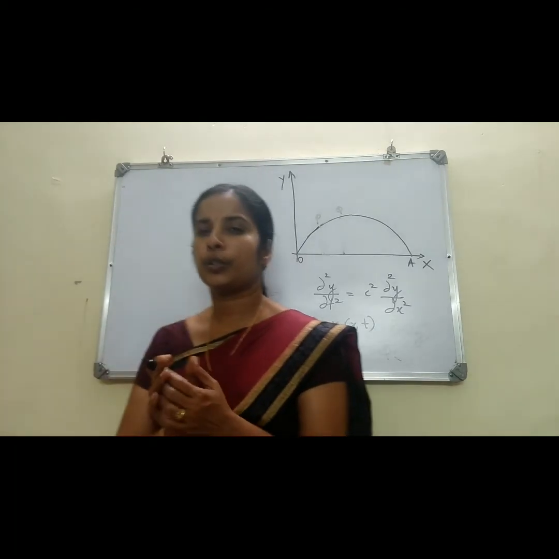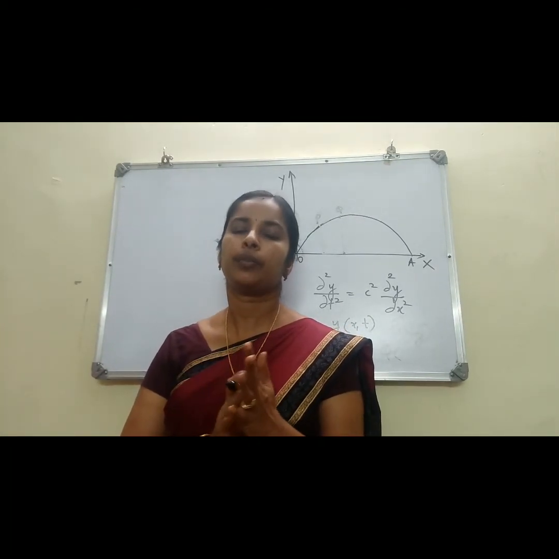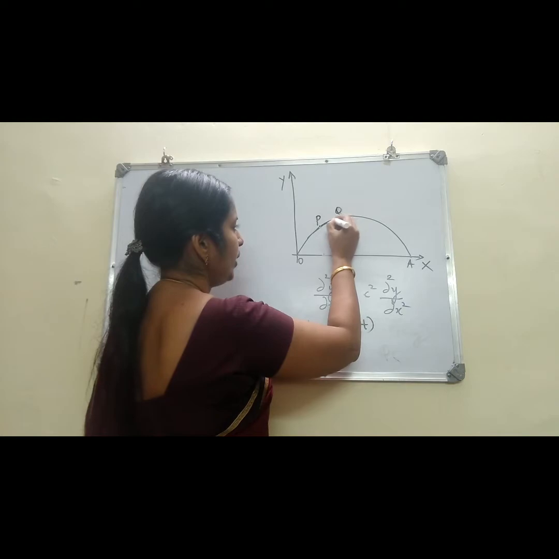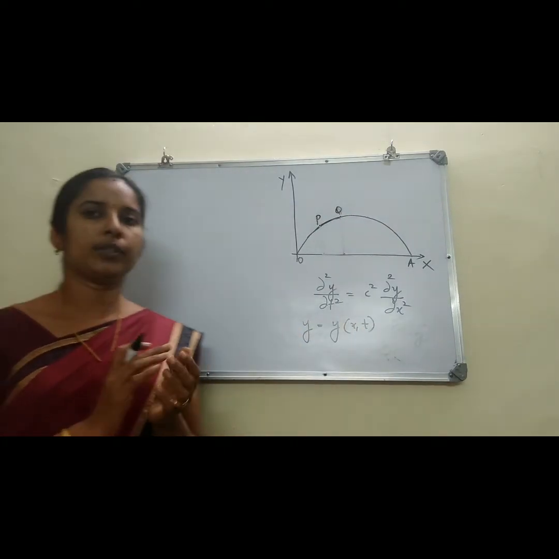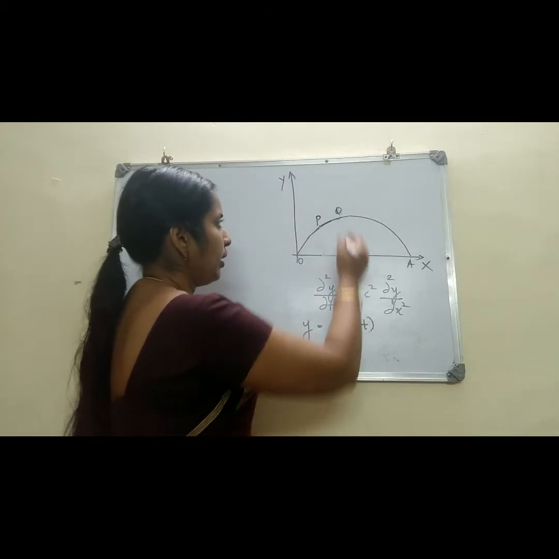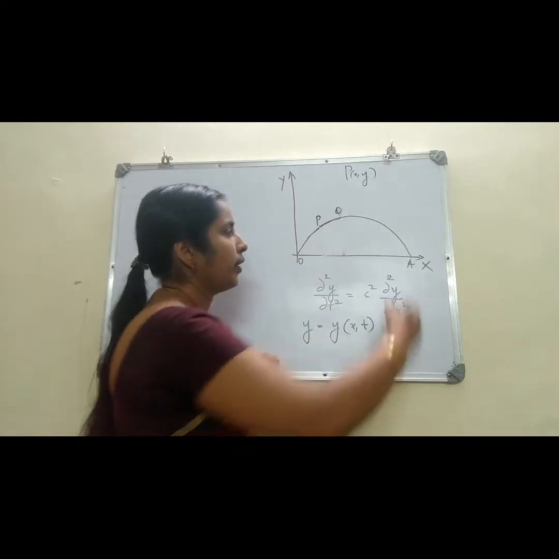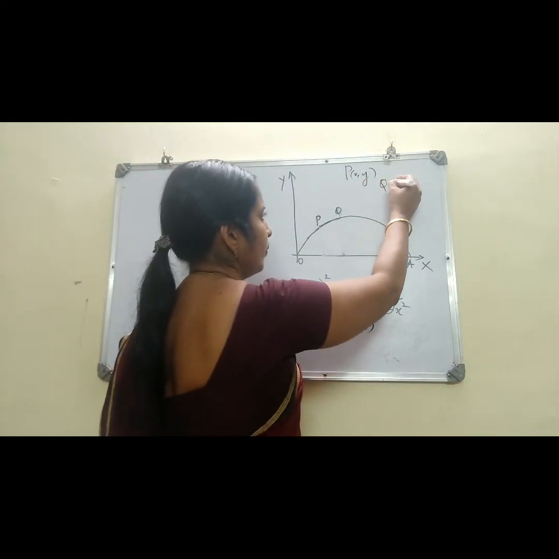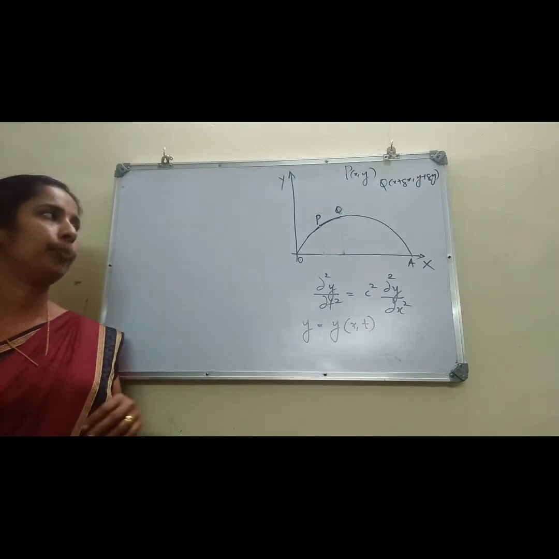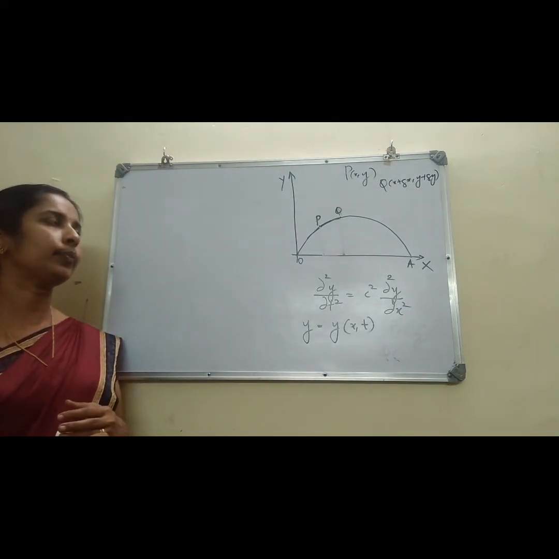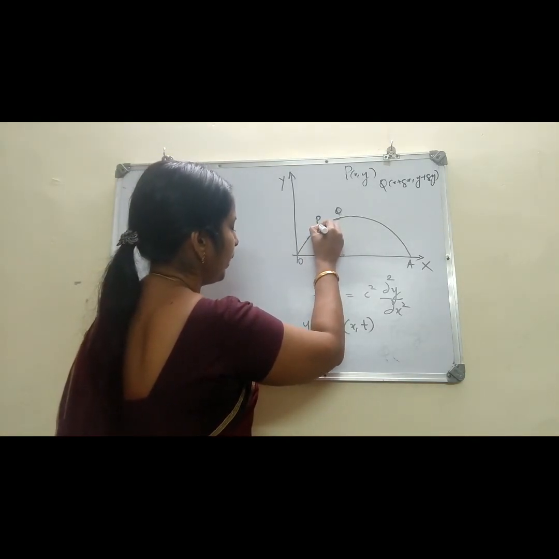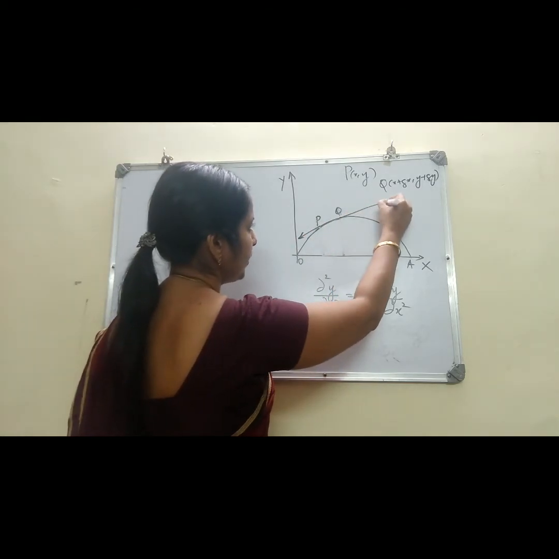To derive the equation of motion of the string, you consider a very small element PQ of the string. Assume Q is very close to P. Let P be the point (x, y), and Q be (x plus delta x, y plus delta y), since Q is very close to P. You draw a tangent here, and here also you make a tangent.